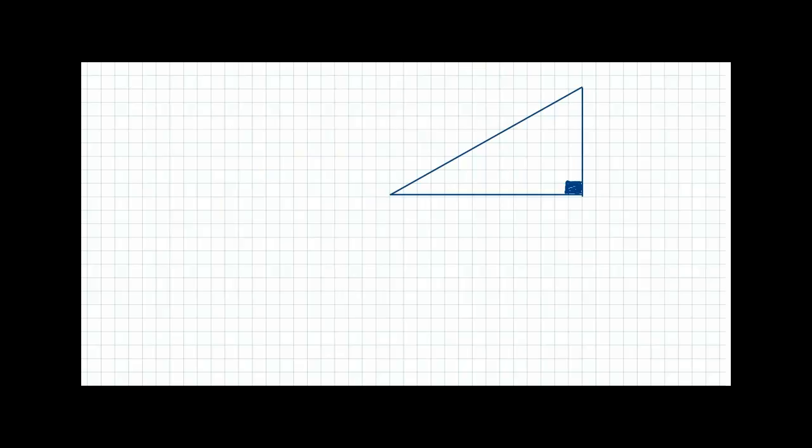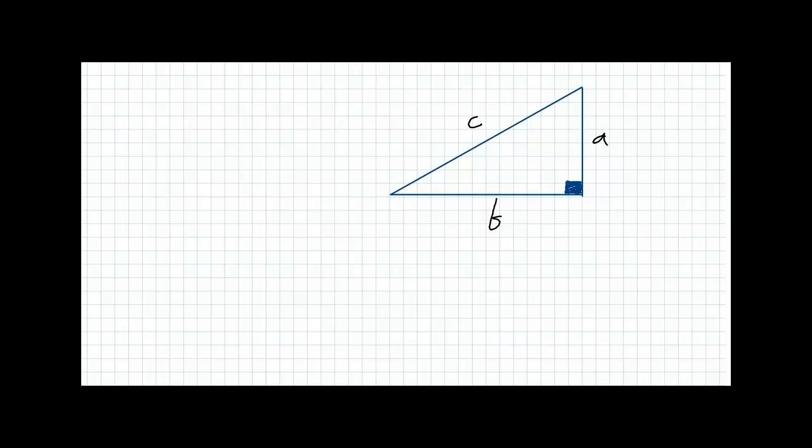If you remember, we studied the right triangle before and we named the sides of this triangle a, b, and c.